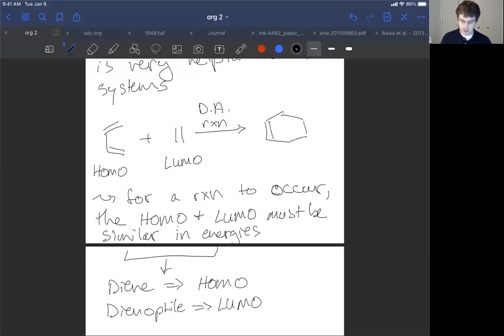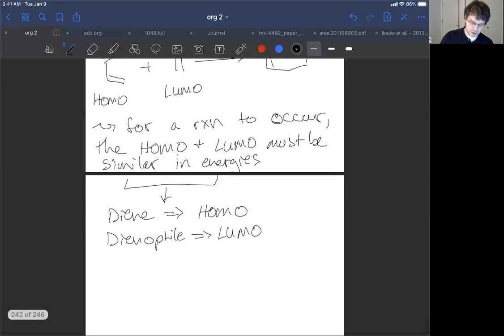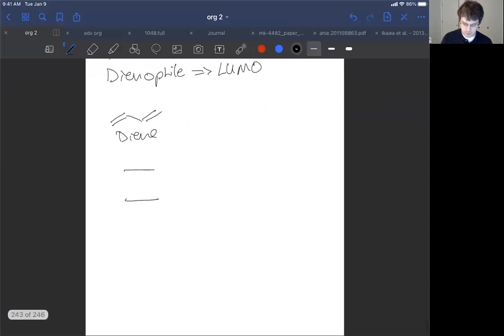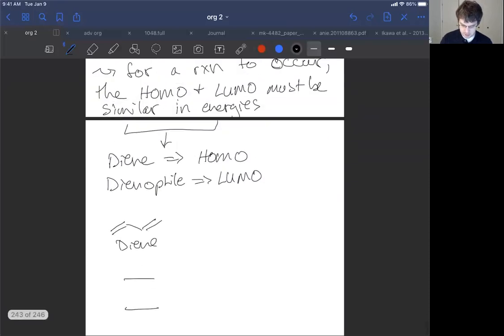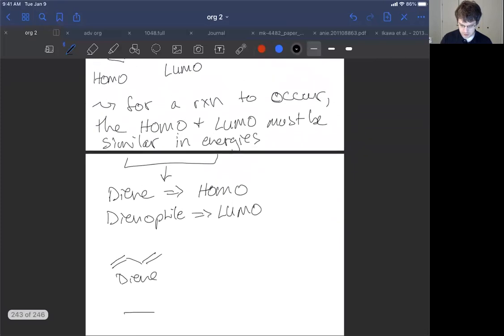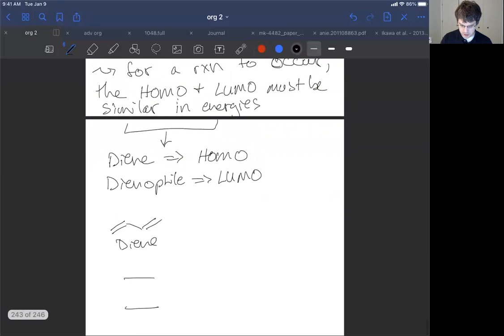Now I'm not going to draw this as well as I could to scale, but here's our diene, and we could consider its molecular orbital diagram as having 4 molecular orbitals. We did this last time.